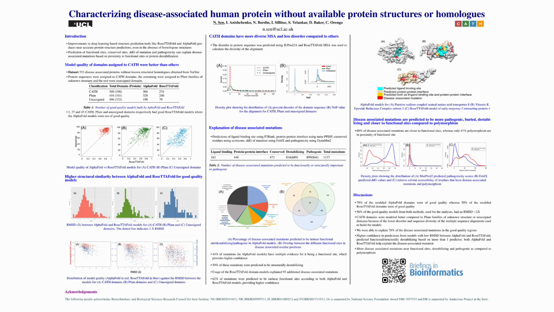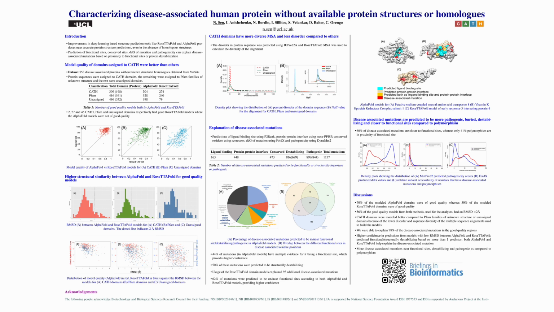We structurally superimposed AlphaFold2 and RosettaFold models and found that CATH models had lower RMSD compared to Pfam and unassigned domains, which had the highest RMSD. As expected, with an increase in RMSD, the quality of the models also reduced. We noticed that more CATH domains were of better quality compared to Pfam or unassigned domains.